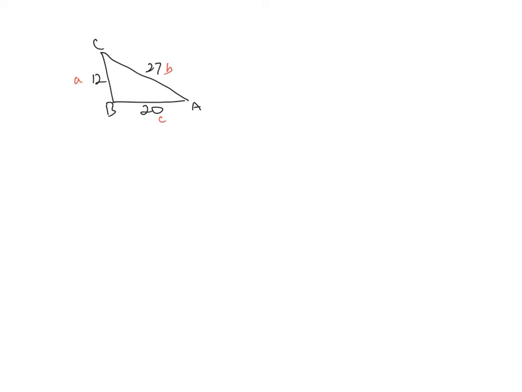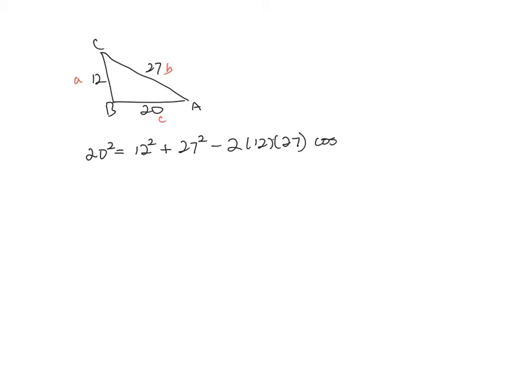So if I'm using the C version of the problem, I start off with C squared, then I do A squared plus B squared minus 2, and then it's A and B. Since I'm doing the C version, this is 12 is A, 27 is B. So I'm using the same numbers that are here on that side.